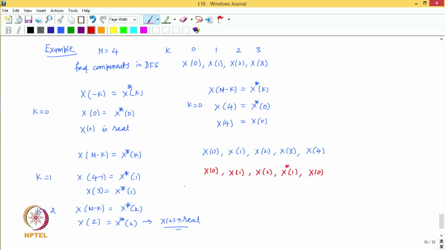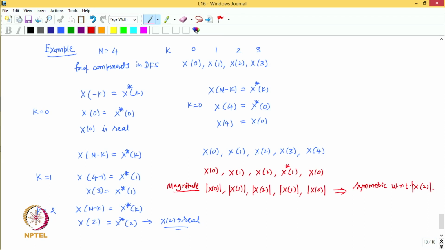If I look at the magnitude, then that is nothing but x0, then x1 magnitude, then x2 magnitude, and this is nothing but the magnitude of x1 itself, because x1 and its complex conjugate have the same magnitude, and then I have x0. And what we see now is that this is symmetric with respect to sample x2, right.